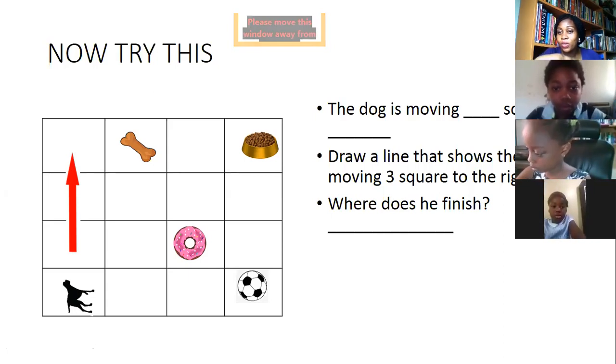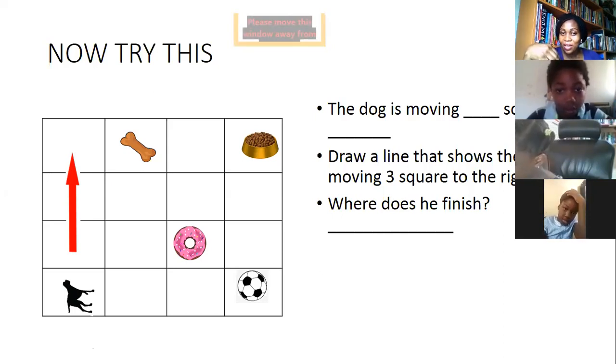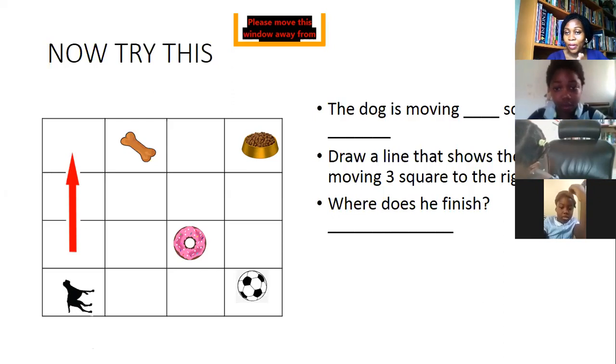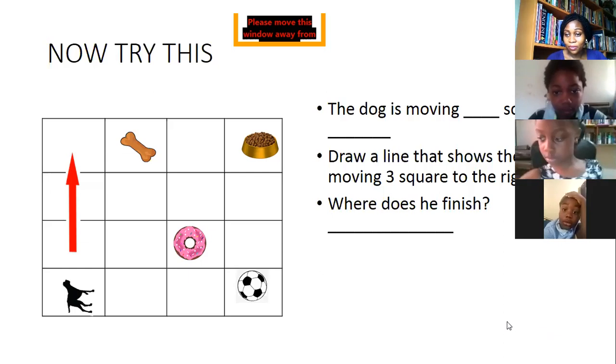That is the only way you can determine which side is forward, backwards, left, right, up, or down. Please, when you're working with the worksheet, always look closely at the picture and determine where the object is facing.